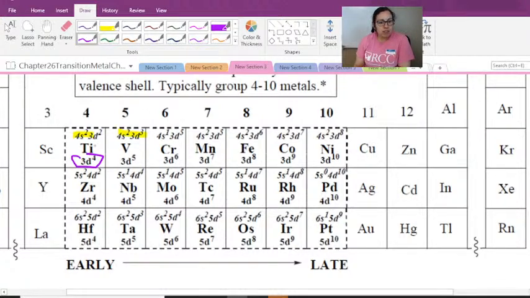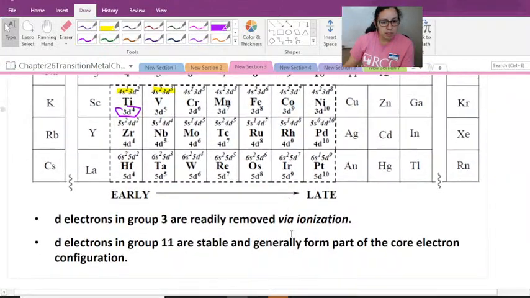We can say titanium is D4, zirconium is D4, ruthenium D8, etc. So you can look at that and compare. This is reflective of their behavior in transition metal compounds. So that's the discrepancy.